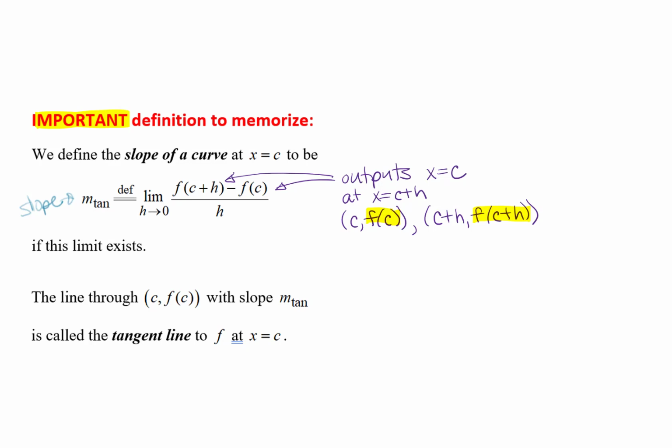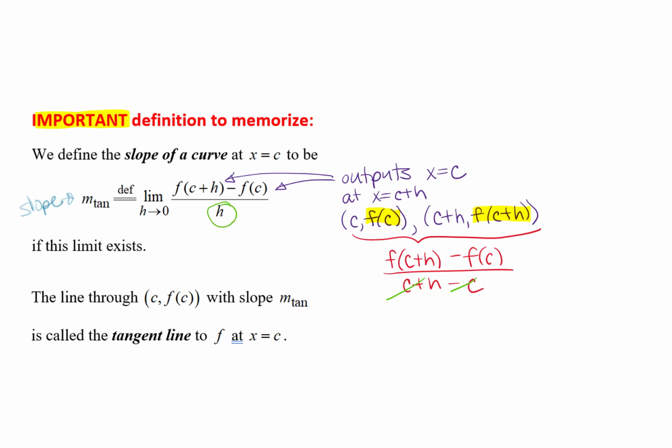And then on the denominator it looks like what we just have is an h, but if we think about what would really happen if I calculate the slope of the line between these 2 points, I would have second y coordinate minus first y coordinate over second x coordinate minus first x coordinate, and then you might notice those c's will cancel, and so you're just left with that h that we have on the denominator in this definition.